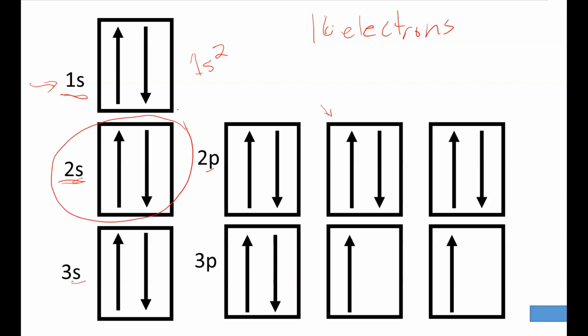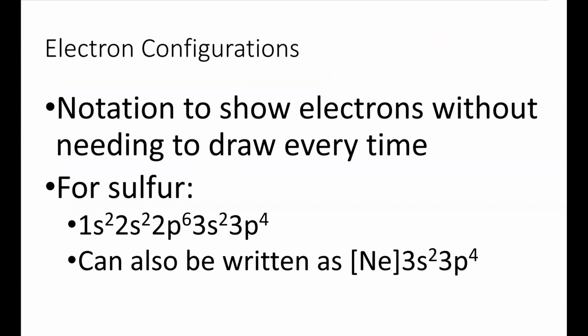These electrons are the 2s level, and I have 2 electrons in this level. 2p, I have 1, 2, 3, 4, 5, 6. 3s, 1, 2. 3p only has 1, 2, 3, 4. And so you'll notice that it matches here.